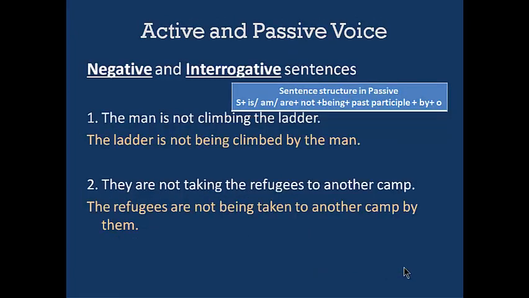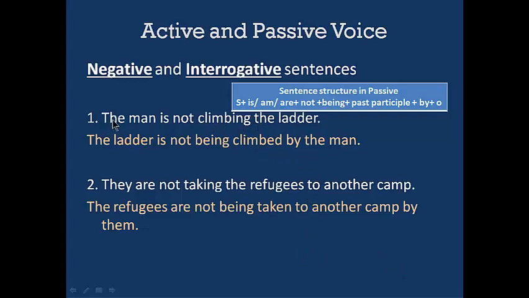Negative and interrogative sentences. If you have already understood the previous slide, you won't face any difficulty at all in understanding negative and interrogative sentences. In negative sentences, we need to add the word not in the sentences.